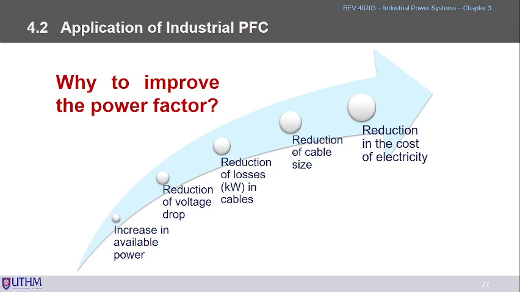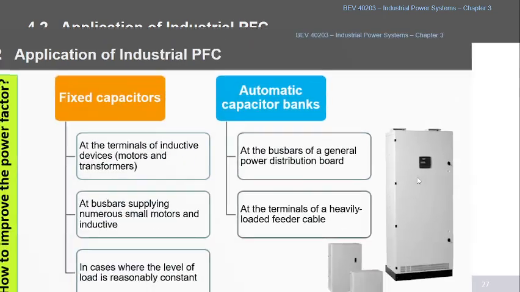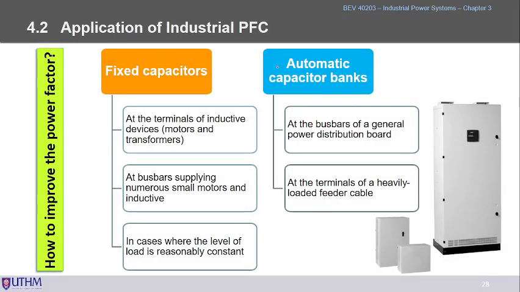One more thing is that the aging of the cable is also improved. And the last one is that overall it reduces our electricity costs. In the IPS we normally have two types of capacitor bank as a power factor corrector. One is the fixed capacitor. It depends on how and where we utilize the power factor capacitor.